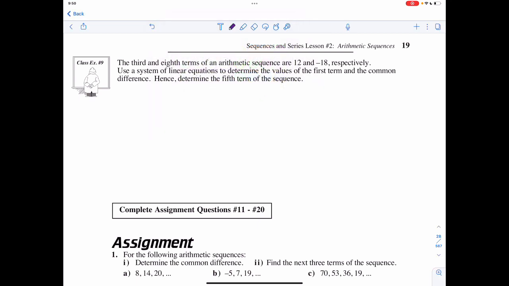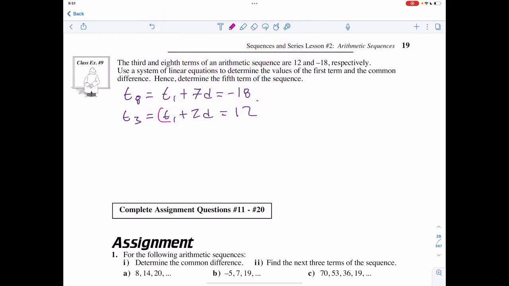If they were doing the simplified form and saying that T8 is equal to T1 plus 7 times d, or negative 18, and T3 is equal to the first term plus 2 times common difference, or 12.